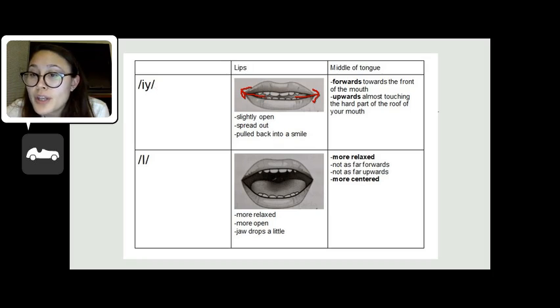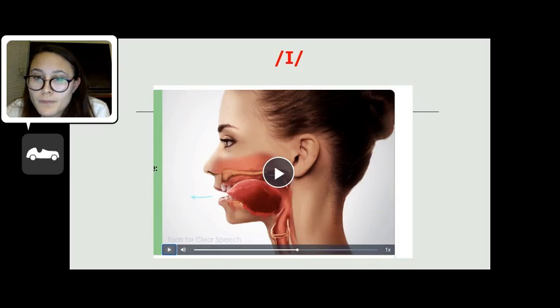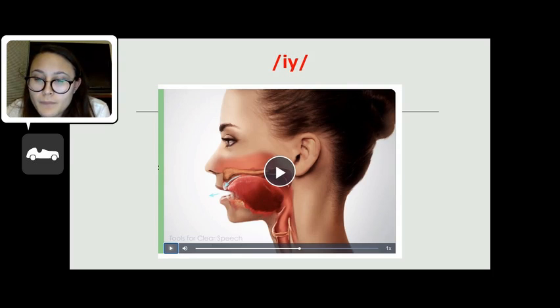And then we know that our tongue is forwards towards the front of the mouth, and it is also pulled upwards towards the roof of the mouth.